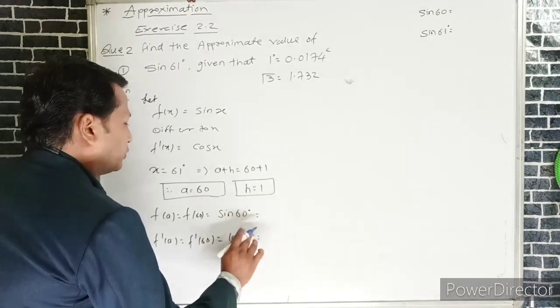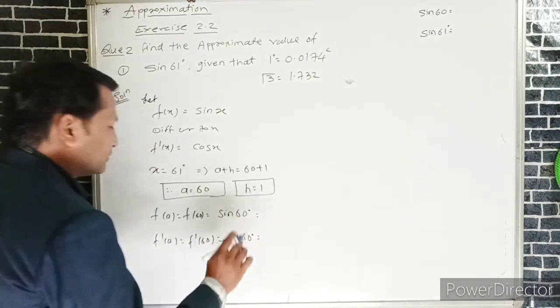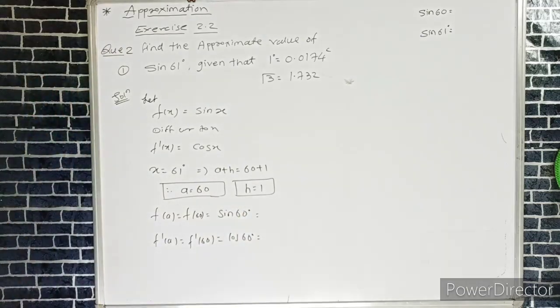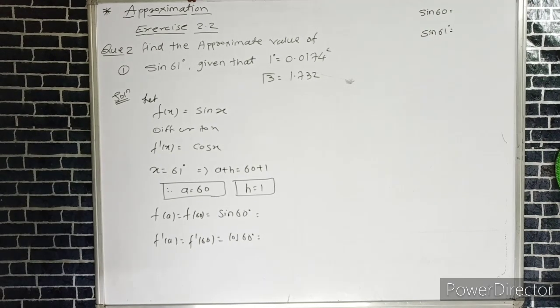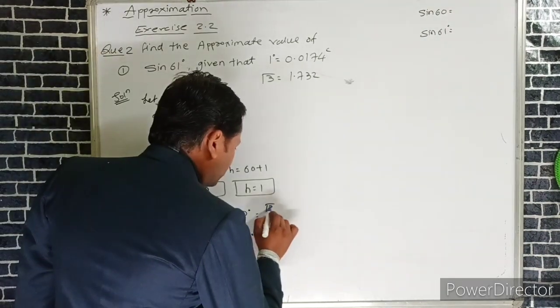So here we know that the value of sine 60 degree is under root 3 by 2.